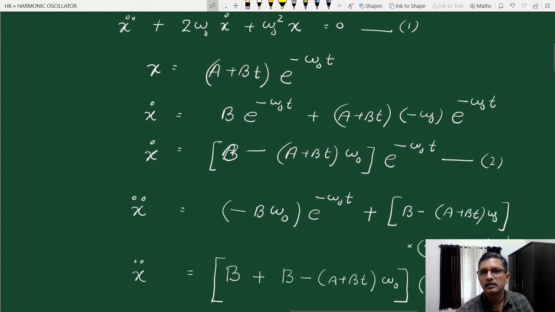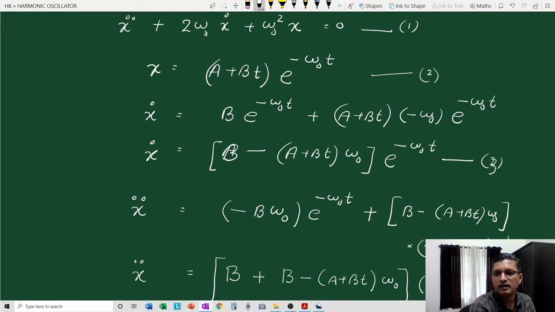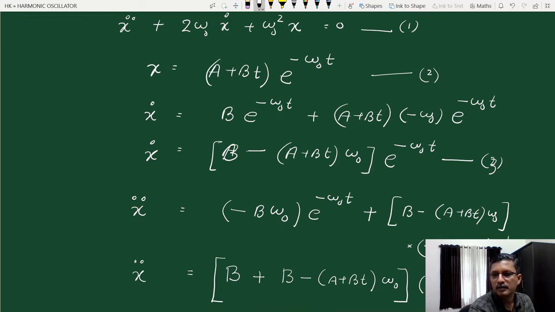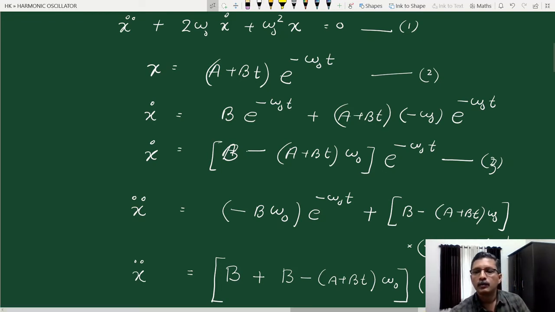So let me just renumber these equations. The equation of x is number 2, and so x dot is 3, and x double dot, let us number it as 4. Now what we have to do is, let us substitute equations 2, 3 and 4 in equation 1.